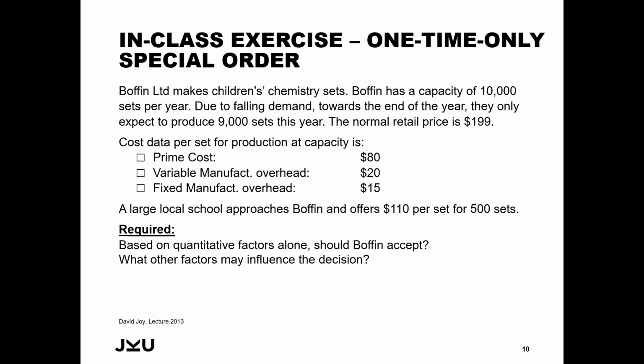What other factors may influence the decision, as question number 2? That would be the image. Is it wise for that company to sell 500 sets at $110? They may come back in a couple of years and want those sets again for $110, or maybe they even spread the word: if you buy more sets, you can get them really cheap, $110 instead of $199.